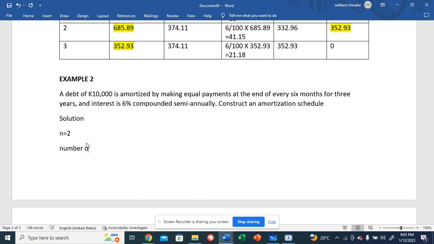Okay. Number of periods, payments, equal to n times t, which is going to be equal to 2 times 3, which gives us 6. So basically, we're going to make 6 payments on this loan. 2 payments each year. 2 times 3, that equals 6, right?